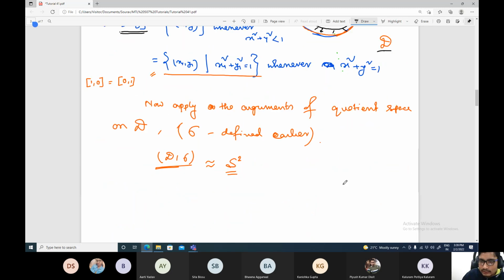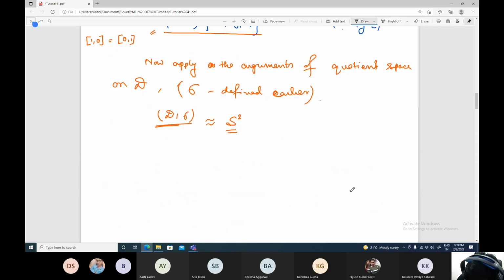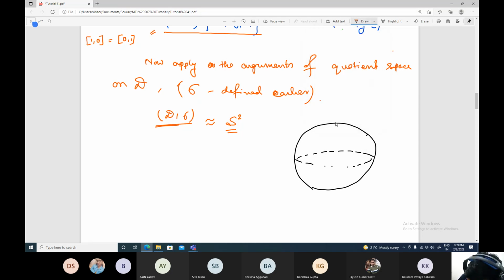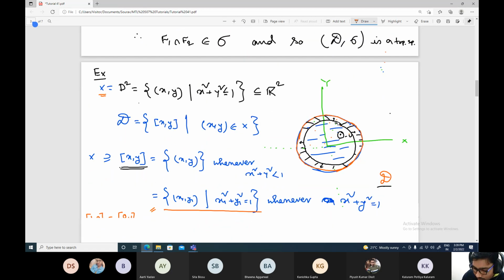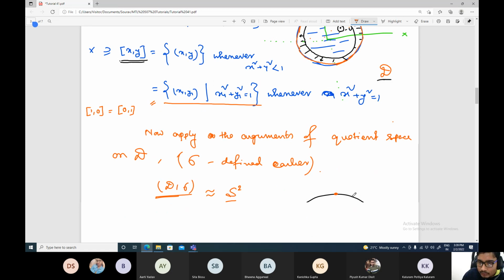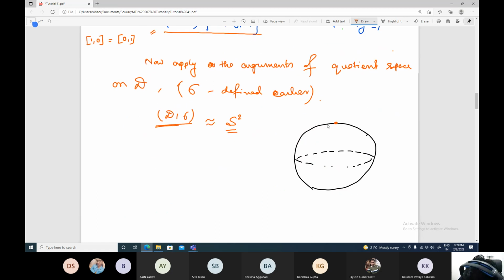If we see this pictorially, this is the point we have identified, and taking this neighborhood means actually we are taking this neighborhood.